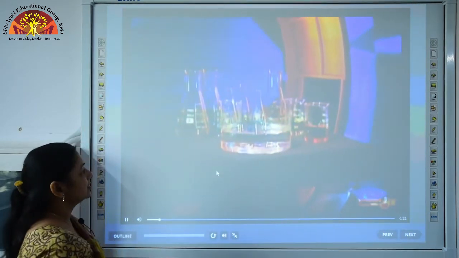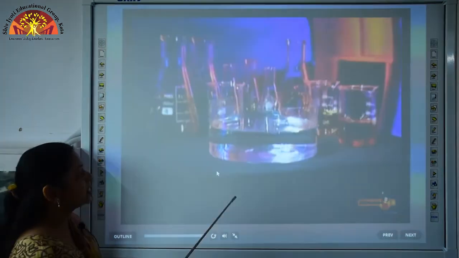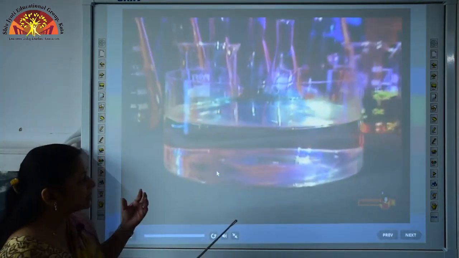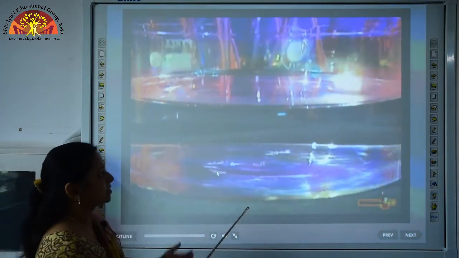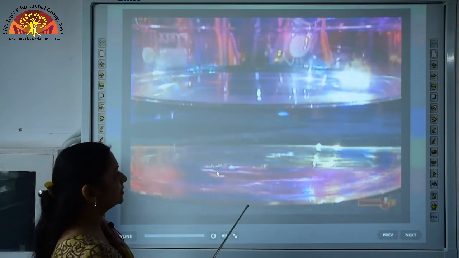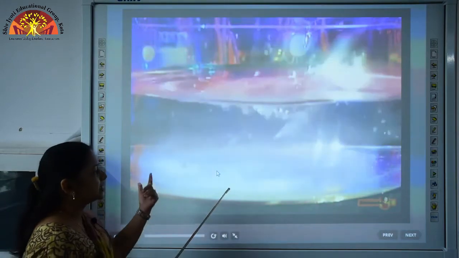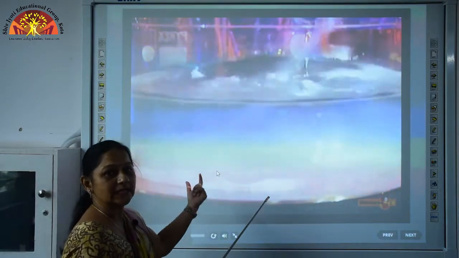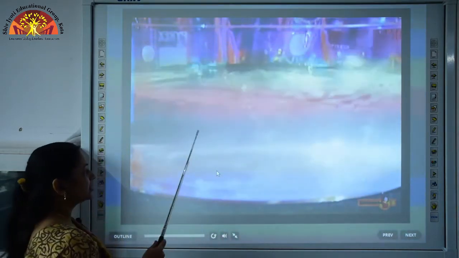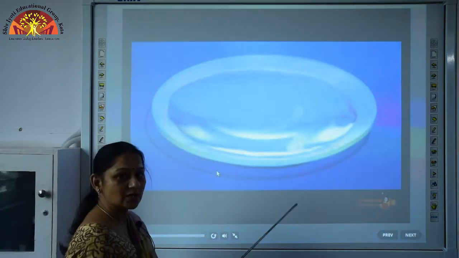Let us understand this. Taking salt, if we dissolve salt in water, you can see here when we add a pinch of salt into water, the salt completely dissolves in the liquid and we are not able to see the particles of salt.